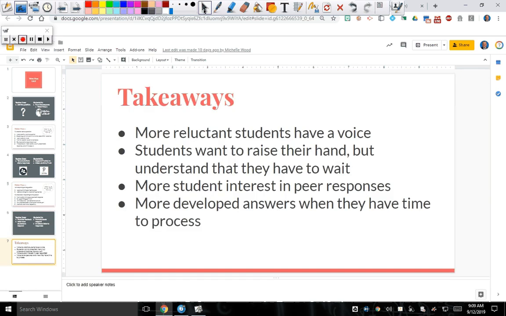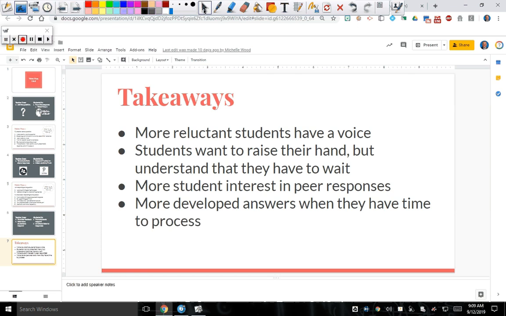And then the last one, the big takeaways are this. Students who are quiet, more reluctant students, they have a voice, because I need to know what you understand. I need to know what you know, okay? And we build from that. Bullet 2, students want to raise their hand, but understand that they don't have to. Just wait. I will call on you. And then more student interest in peer responses. That's a huge one.